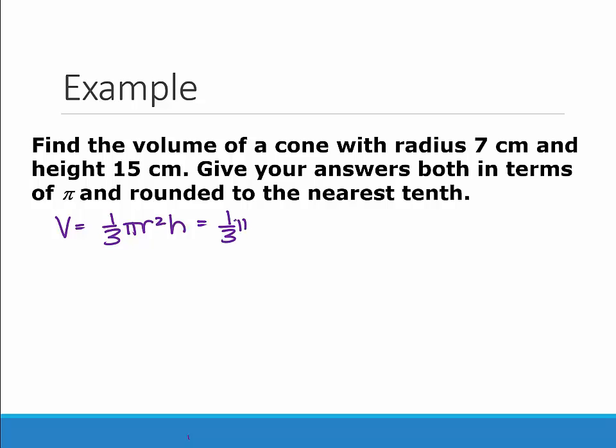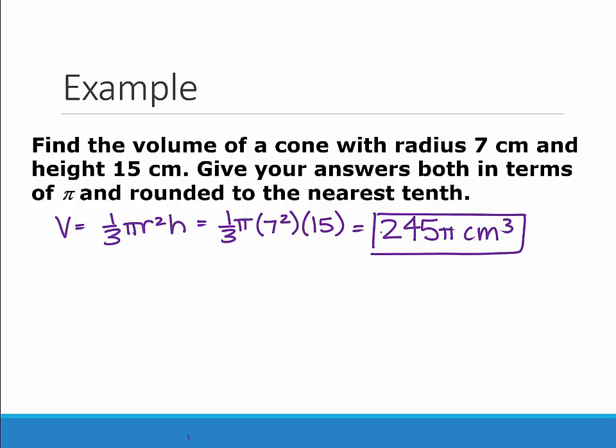So 1/3 pi times the radius, which is 7, square that, and the height's 15. So we end up with 49 times 15, divide that by 3, so we end up with 245 pi centimeters cubed. And then if we want to, this tells us to multiply it by pi, so it's the same thing as 769.7 centimeters cubed.